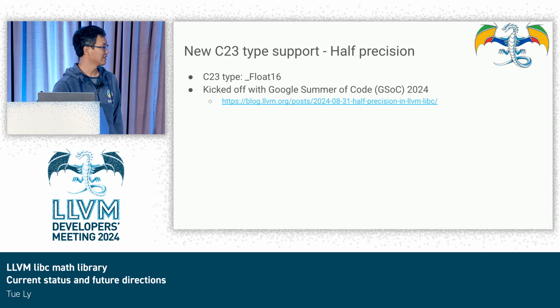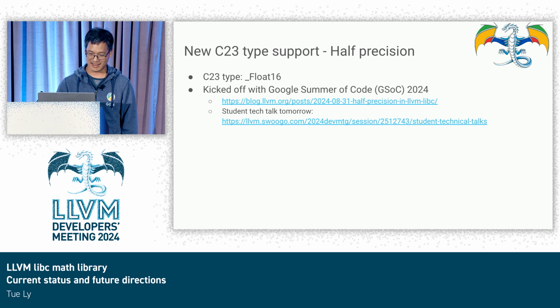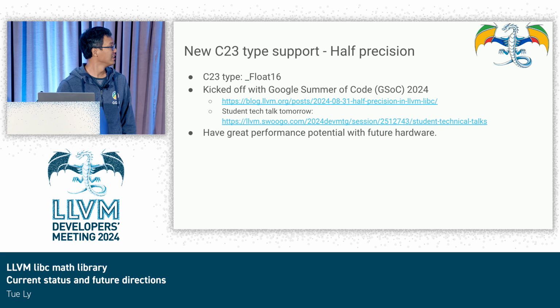And the end result, we have a blog post by Nicholas, and he's going to talk more about that tomorrow. So if you're interested, please attend. And here's the link. All right. It has a very great performance potential with the future hardware when we have support. And we do see that with some of the newer phones that we tried on. And I think it's going to be very good use for other small platforms.